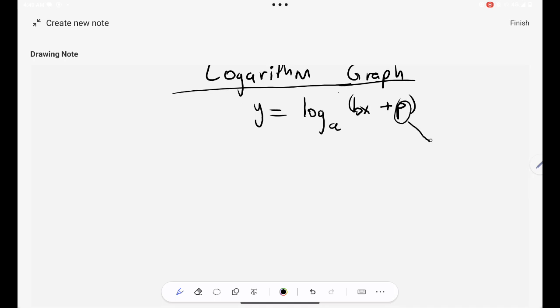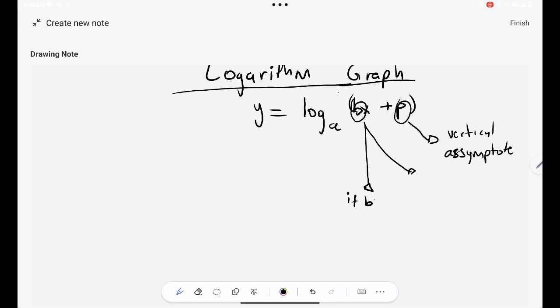This guy here is our vertical asymptote. This guy is our vertical asymptote, and then this one just indicates whether the graph will be on the left hand side of the asymptote or the right hand side of the asymptote.